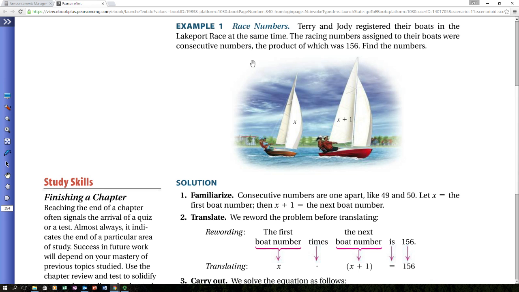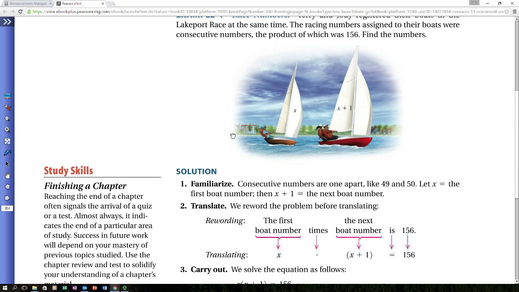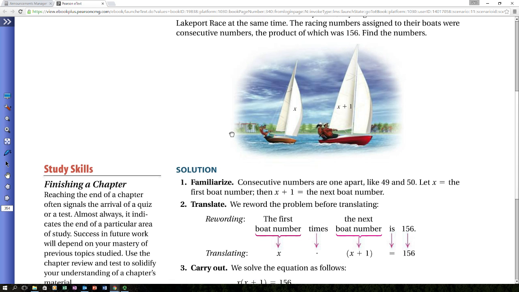And then they tell us that the product of those two numbers is 156, which you can say, hey, you got two numbers next to each other, and rather than tell you what the numbers are, they would just say the product of them is 156, which would seem kind of funny. But that's the information we have, and so we're going to look at that.